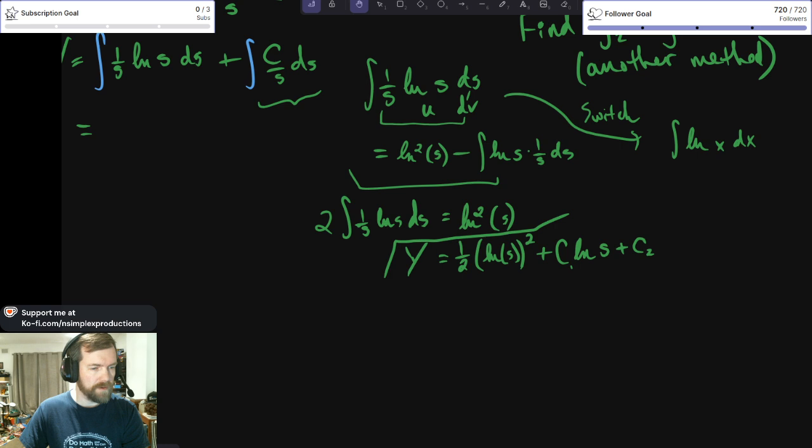Ooh, I found one. Inverse Laplace transform of a natural log. No, never mind. Oh, natural log of 1 plus 1 over s squared. So that actually makes sense that that would actually work.